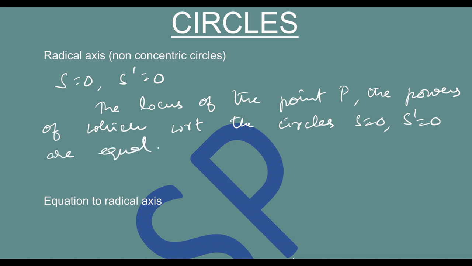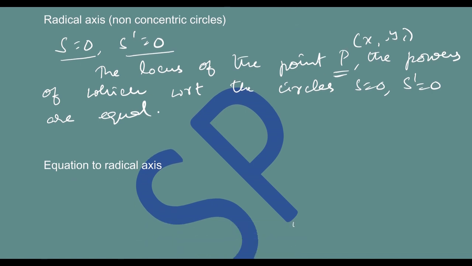That means the power of the point P with respect to S equal to 0 and the power of the point P with respect to S dash equal to 0 are the same. Now if I take P as x1 comma y1, then we know that power of P with respect to S equal to 0 is nothing but S11, and the power of P with respect to S dash equal to 0 is nothing but S dash 11.